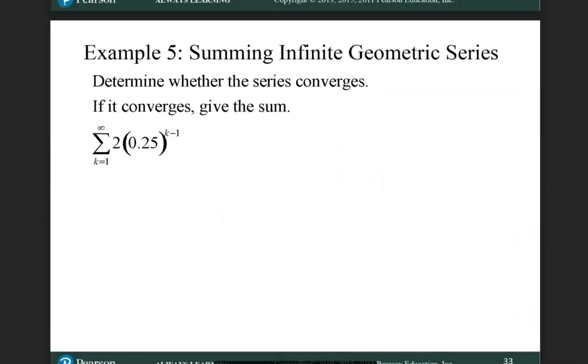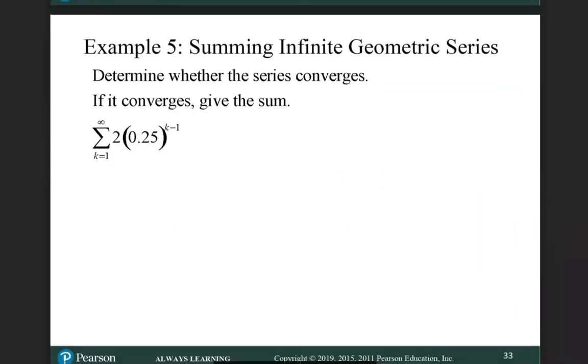In this example, we want to find the sum of the infinite geometric series. So the first thing that we want to do is determine if it converges. Which part of this series is my common ratio? Well, if we think back for a geometric sequence, a sub n was my first a times r to the n minus 1.